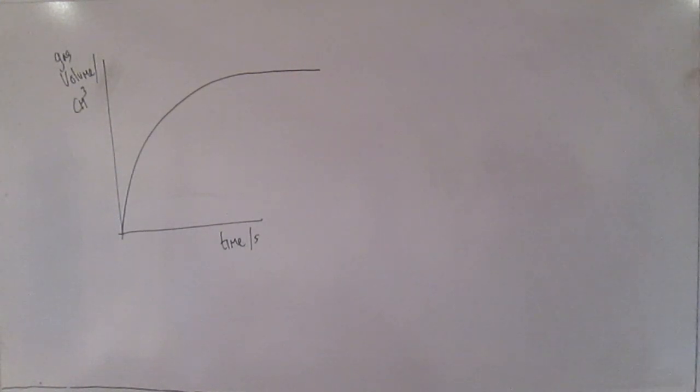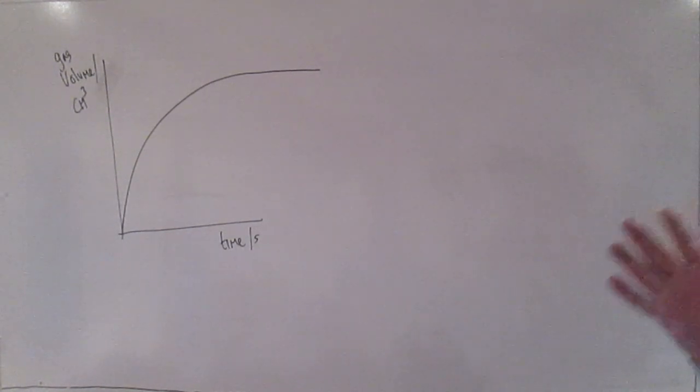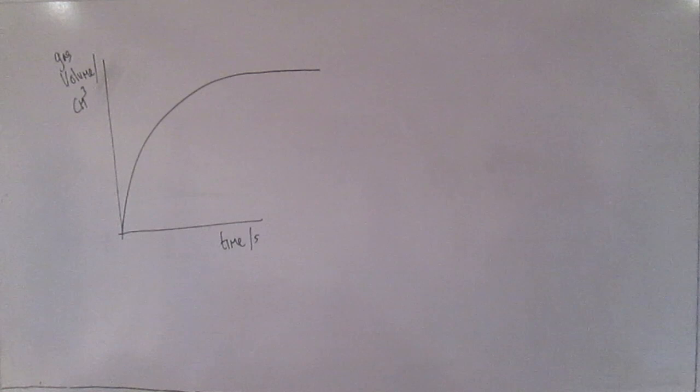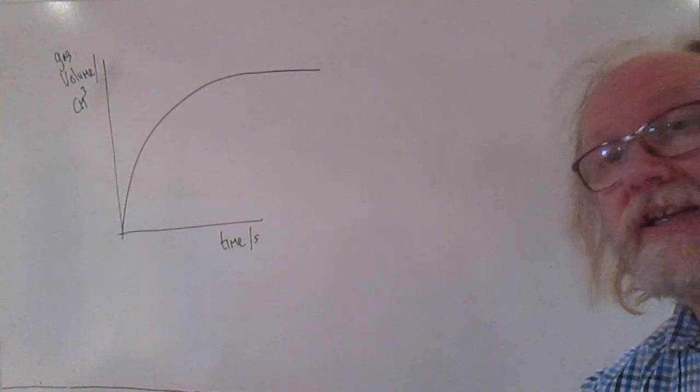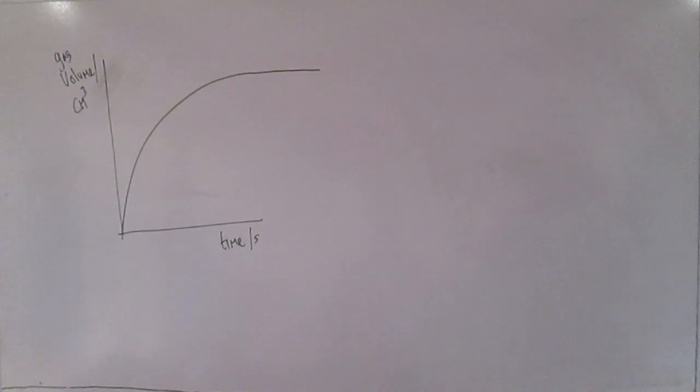Now let's ask the question, what happens if we repeat the experiment but at a lower temperature? Well, you know that when the temperature is lower, the rate of reaction in general will be slower. We'll talk much more about why that is a bit later on, but for the moment let's just use that fact and ask what difference does that make? Well, remember that the rate of reaction is the gradient of the curve.